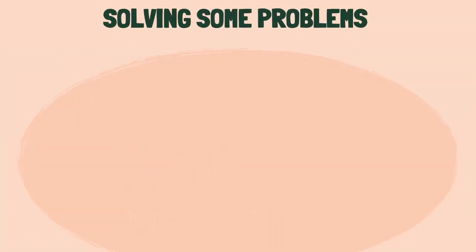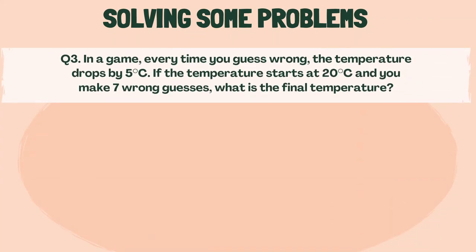Next we will solve the third problem. What is the third problem? It is the problem about temperature. Let's say, what they are saying, let's say in a game, every time you guess wrong, the temperature drops by 5 degrees centigrade.